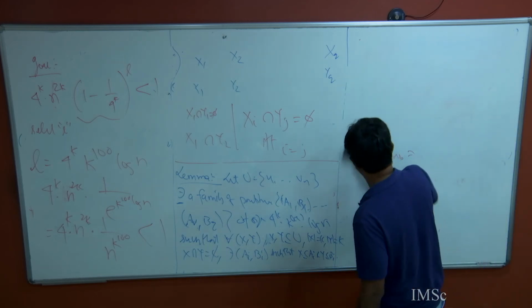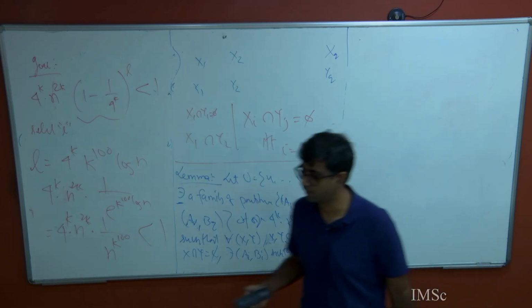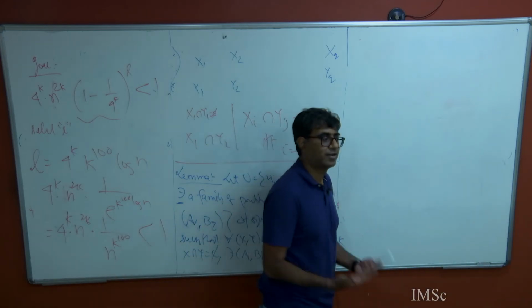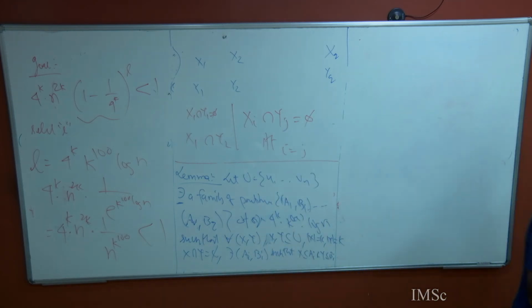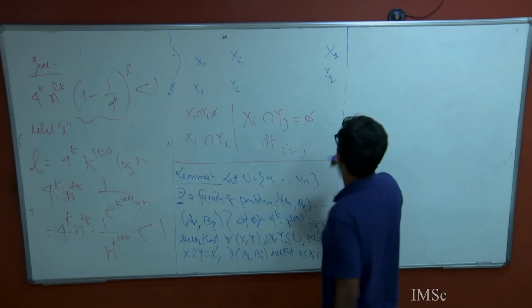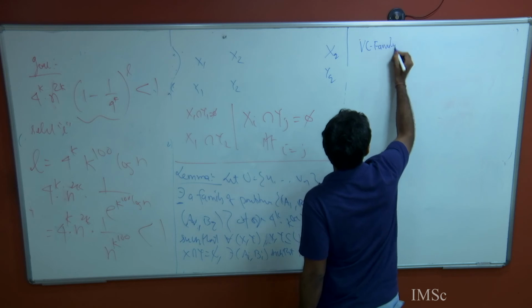so what kind of partitions are we looking for for vertex cover, okay, what kind of partitions we are looking for. So, let us call this, we want to construct a VC family, okay, what we want to construct? VC family, let us call it VC family.